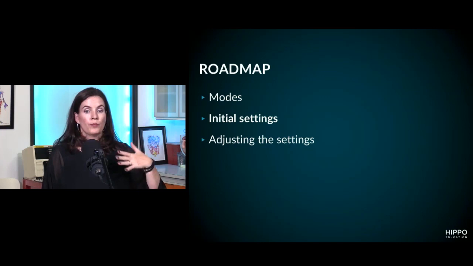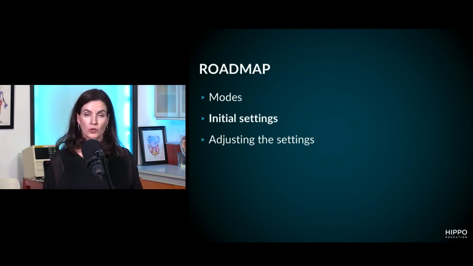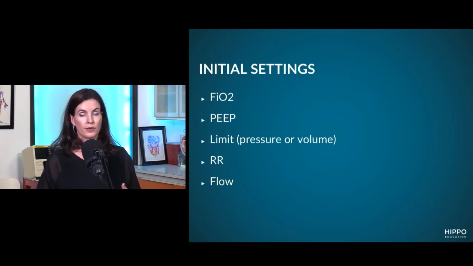Yep. Okay. So if we understand the initial modes and choosing either a controlled mode or a pressure support mode, you then still need to set some initial settings. And these are standard things that you would set on any ventilator. The things you need to set are an FiO2, a PEEP, either your pressure or your volume limit that we've discussed, a respiratory rate, and a flow.